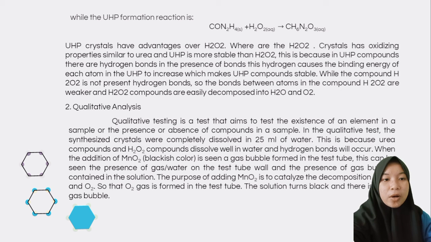When manganese oxide, which is blackish, is added, gas bubbles form in the test tube. The purpose of adding manganese oxide is to catalyze the decomposition of hydrogen peroxide so that oxygen gas is formed in the test tube. The solution turns black and there are oxygen gas bubbles.